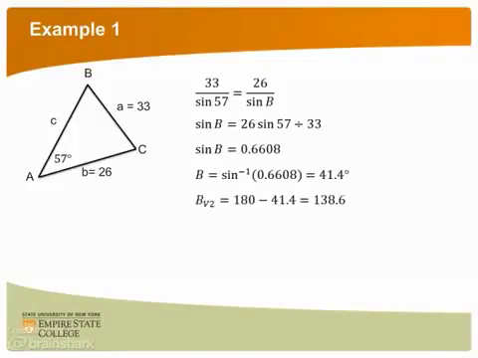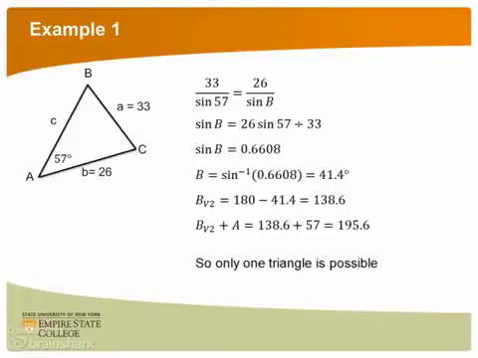We may have more than one triangle possible. We need to find this other potential version of angle B. To do so, we subtract the 41.4 from 180, which leaves us 138.6 degrees. To see if this second version of the triangle is legitimate, we add the second version of angle B to the angle we knew from the start, angle A. We have 138.6 plus 57, which adds to 197.6 degrees.